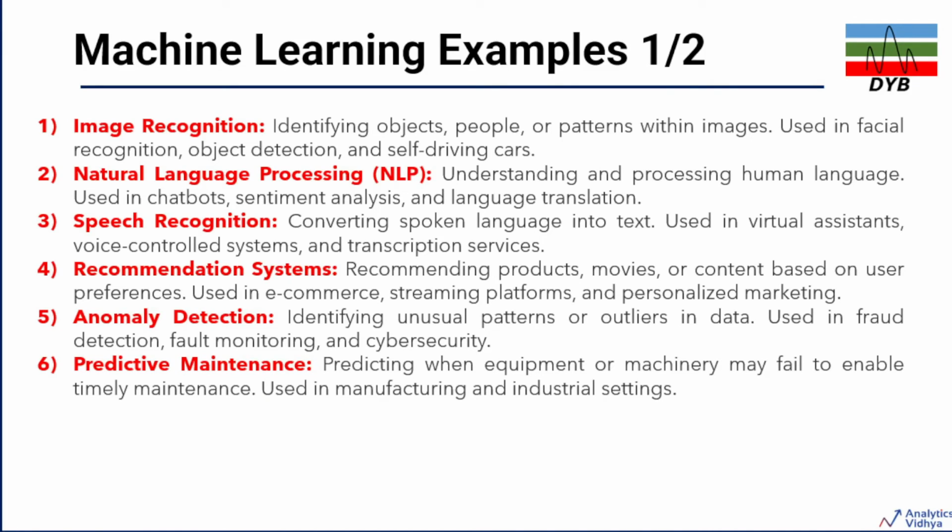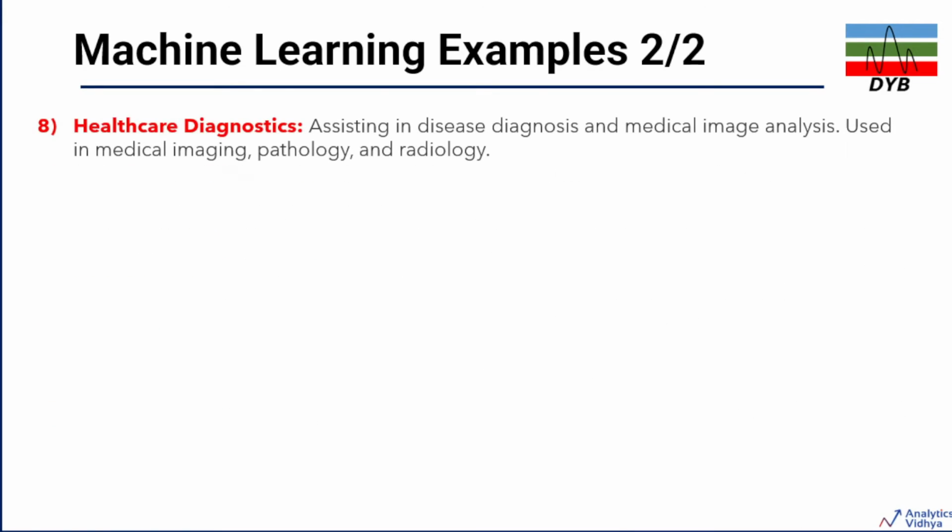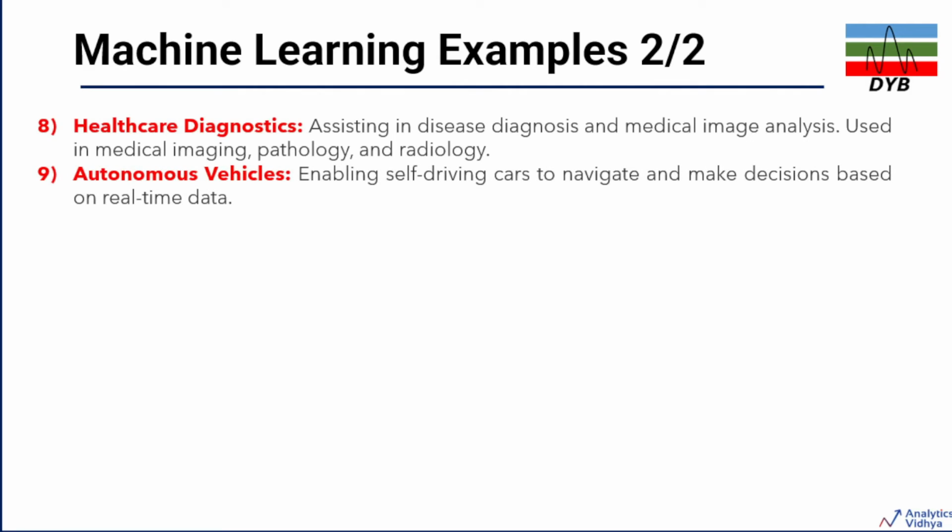Predictive maintenance predicts when equipment or machinery may fail to enable timely maintenance, used in manufacturing industry settings. Also credit scoring. Then we have health diagnostic systems and autonomous vehicles, which extensively use machine learning algorithms because it enables self-driving cars to navigate and make decisions based on real-time data.